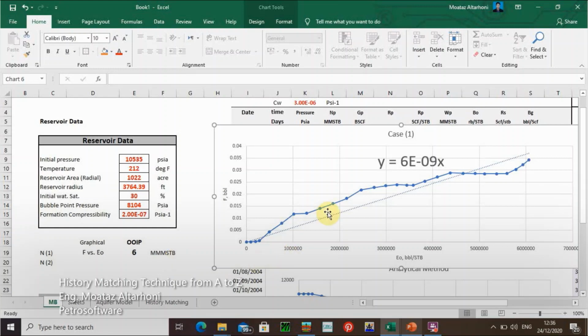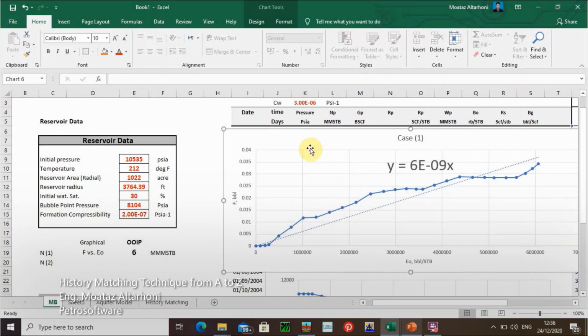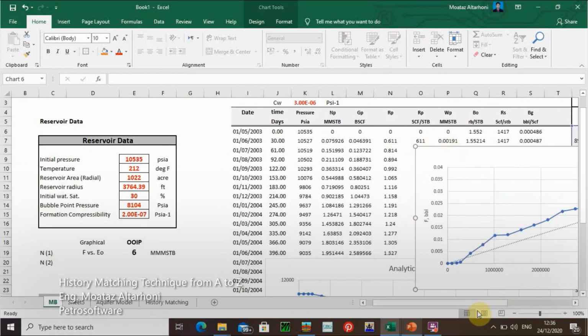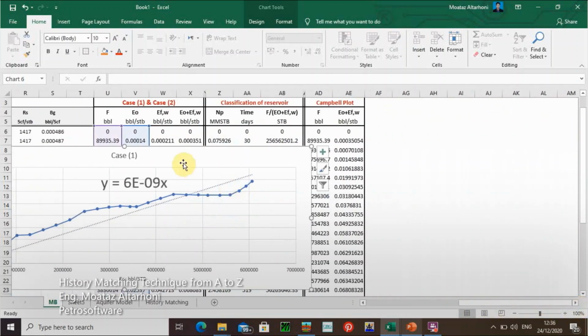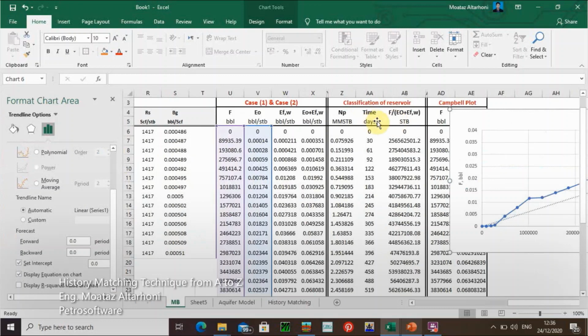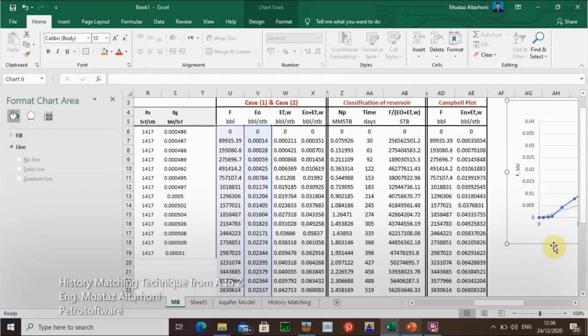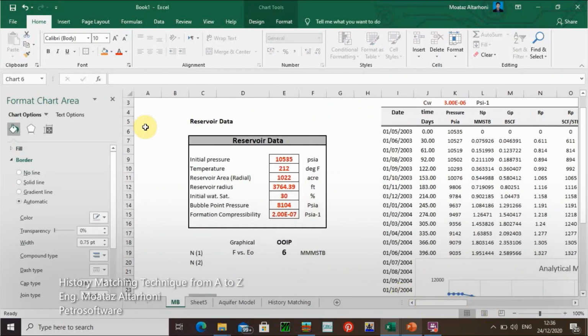Alright, now I need to go to the next case. I will put this here, case 1. What's case 2?